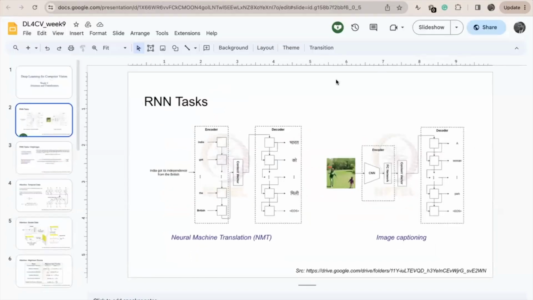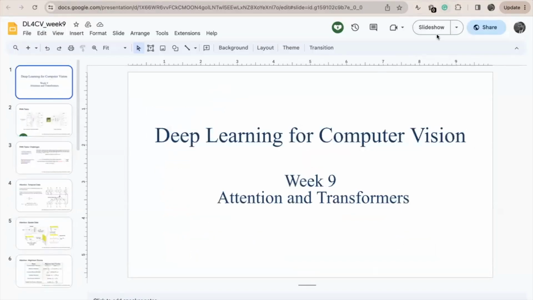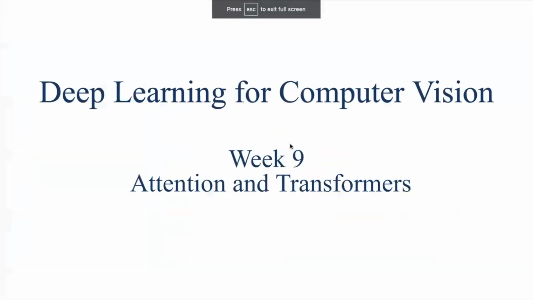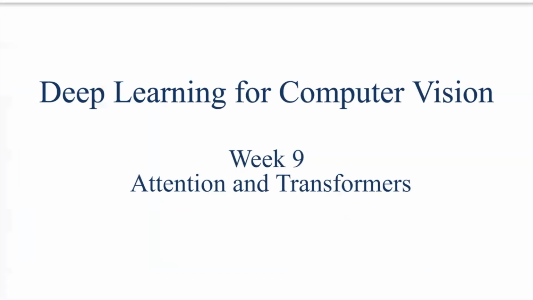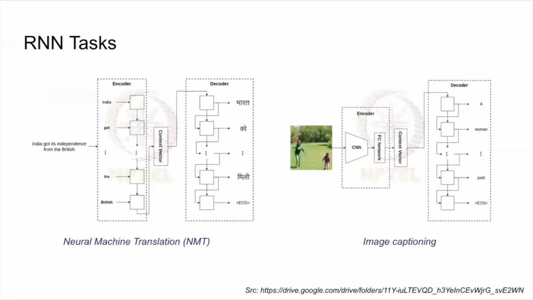Okay, so let's start our presentation. This is week 9 of deep learning for computer vision, and the topic is attention and transformers. When we look at an RNN task, how do we go about it? Let's say we're talking about neural machine translation. In neural machine translation, we take a sentence and translate it to a different language.